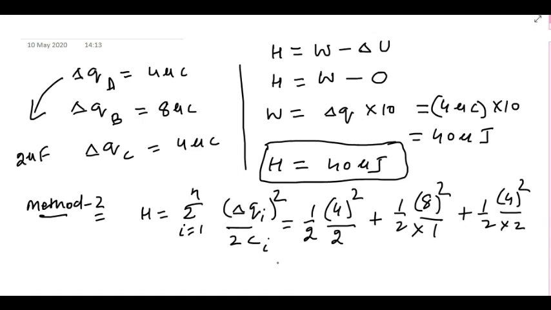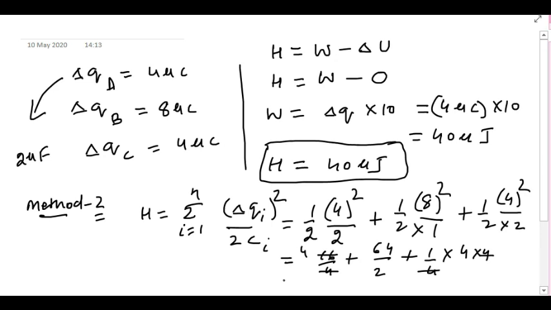So when you solve it, you will get 16 upon 4 plus 64 upon 2 plus 1 by 4 into 4. This cancels out, left with 4.